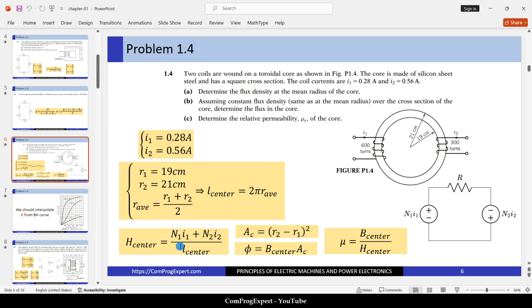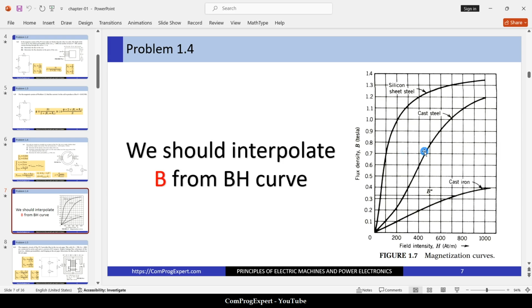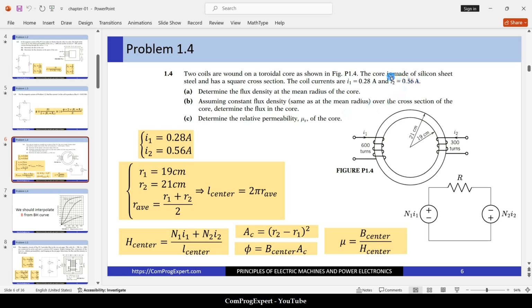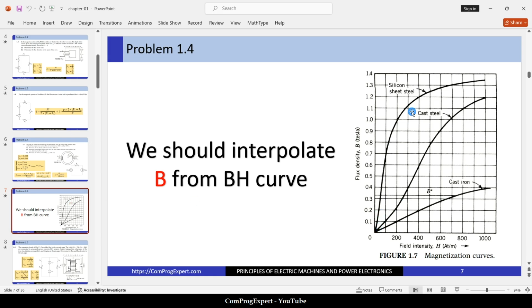When we know the value of H, we can calculate B using this curve, the silicon sheet steel. As mentioned here, the core is made of silicon sheet steel. So we have the HB curve.